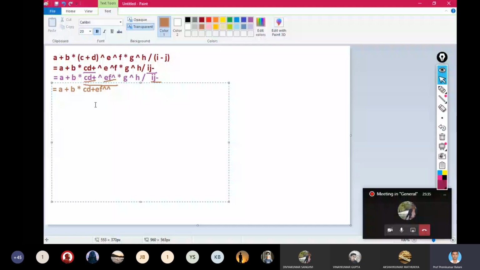Clear, everyone? And then the rest of the expression I have to write as it is, multiply G raised to H divided by I J minus.